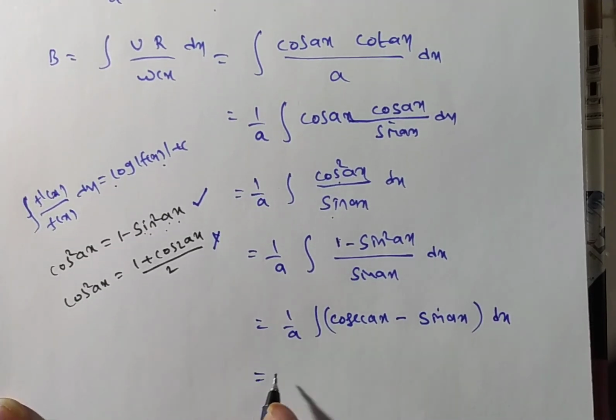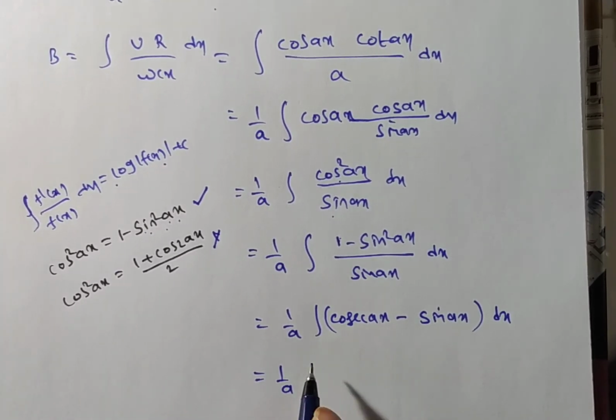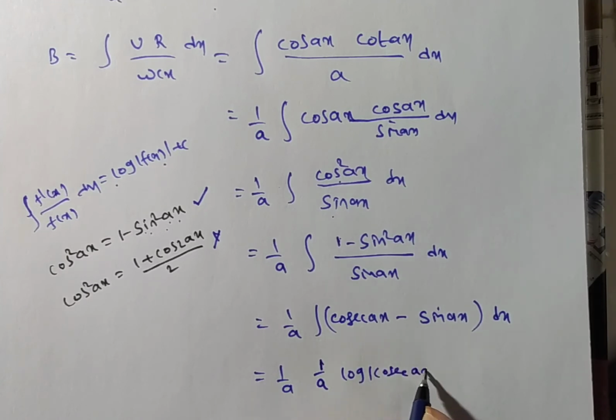Friends, you know the integration of cosecant ax; 1 by a is already outside. So by this formula, cosecant ax gives 1 by a log of mod of cosecant ax minus cot ax, minus.